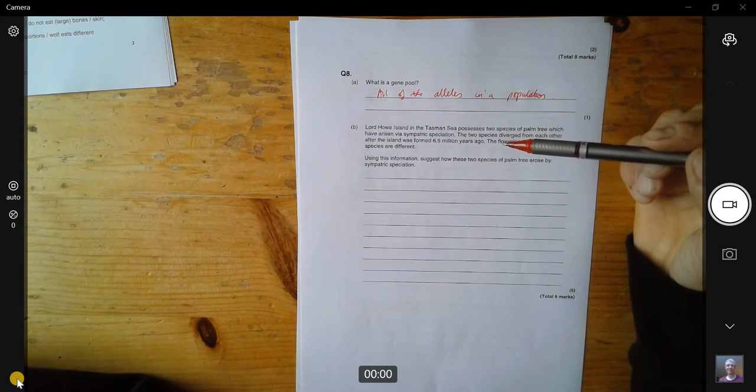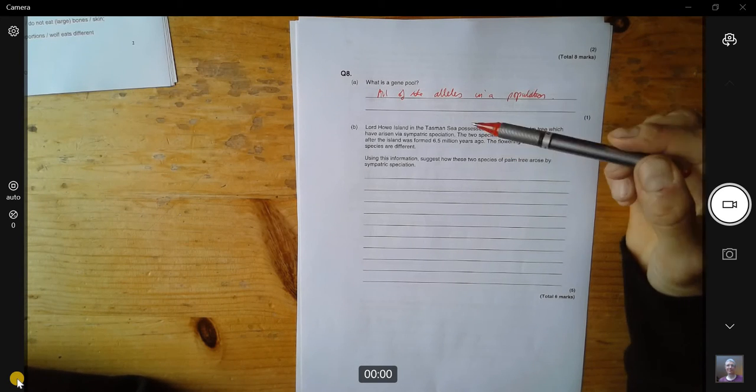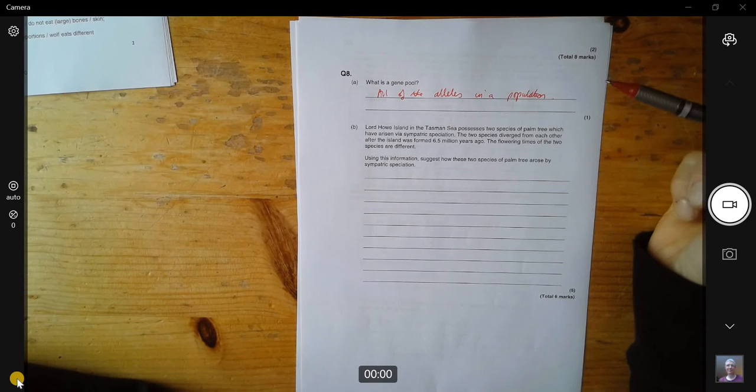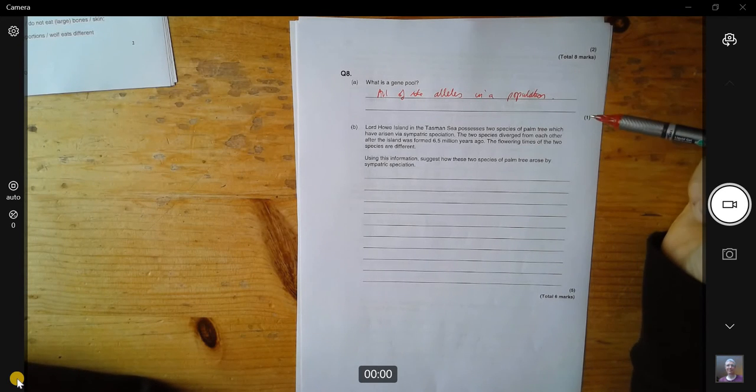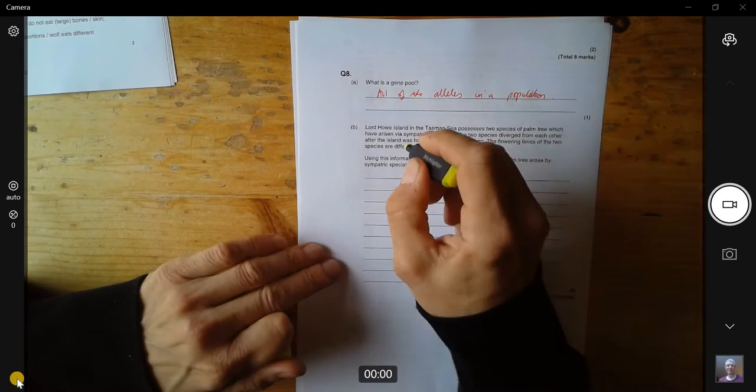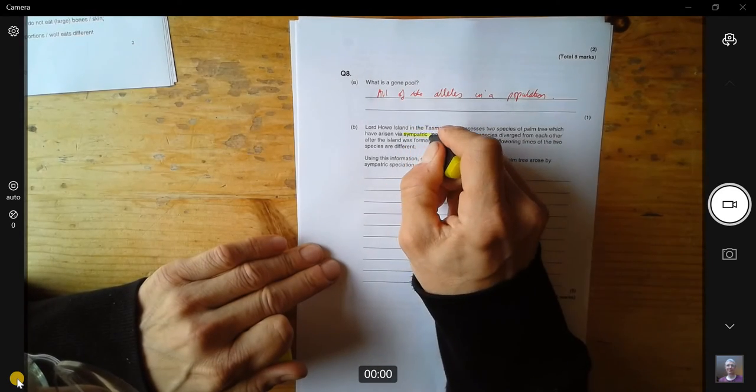Part B, Lord Howe Island in the Tasman Sea. So this is a little dot of an island between Australia and New Zealand. 2 species of palm tree that have arisen by sympatric speciation.